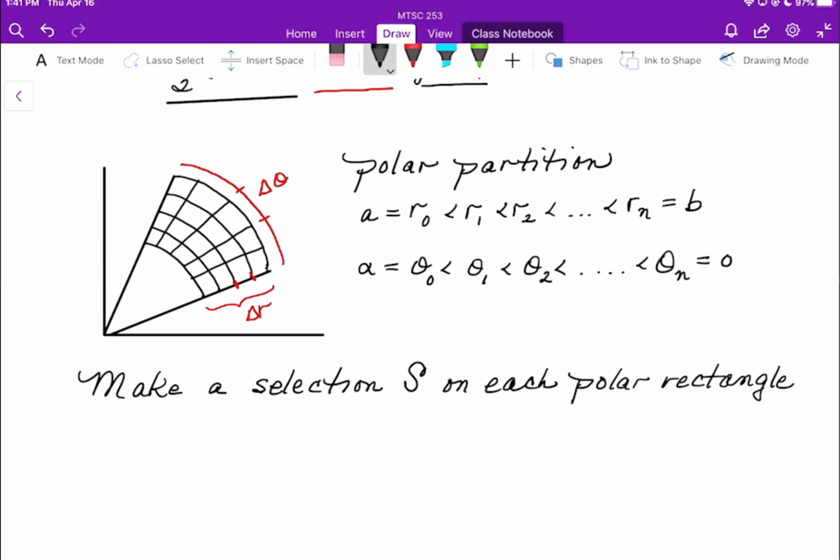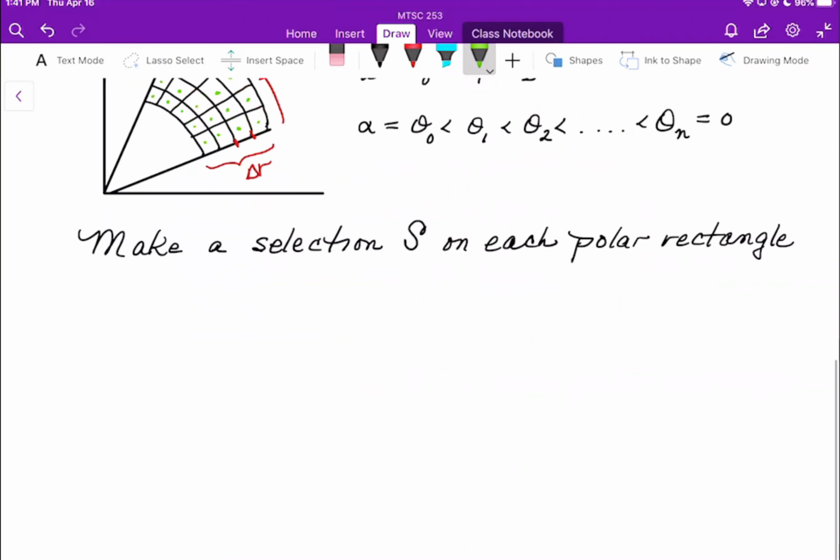So that means on each one, I'm going to choose a point inside each cell. That's my selection point. And now I can evaluate the function floating over top.